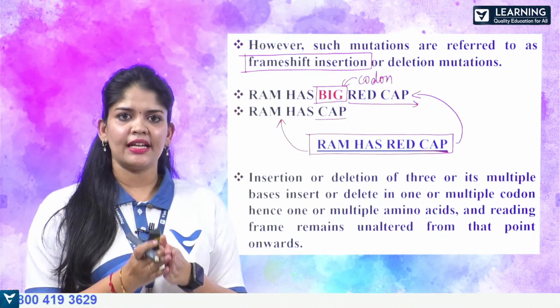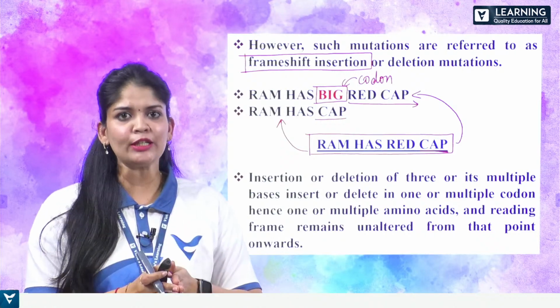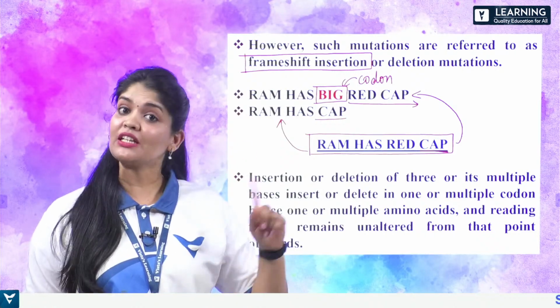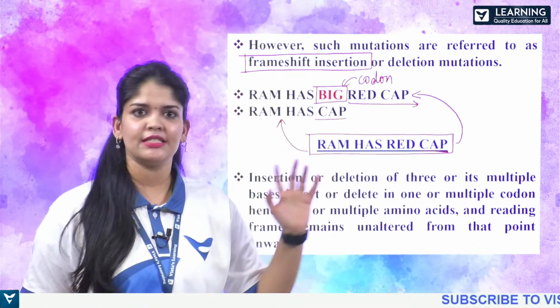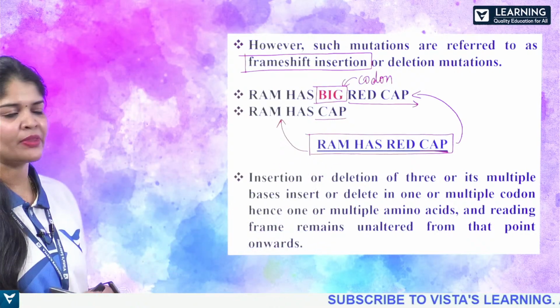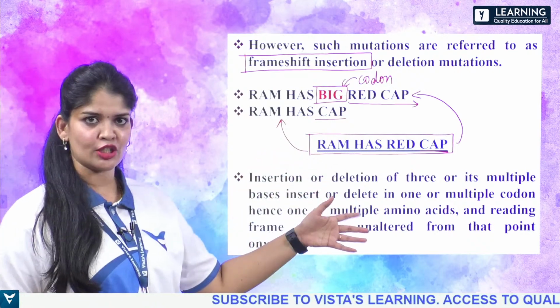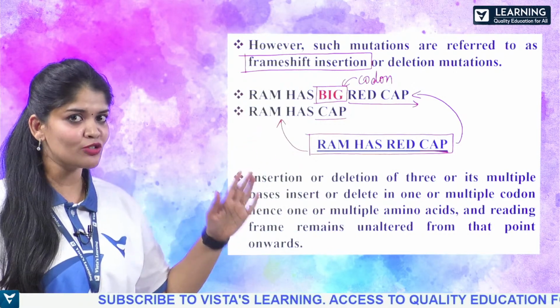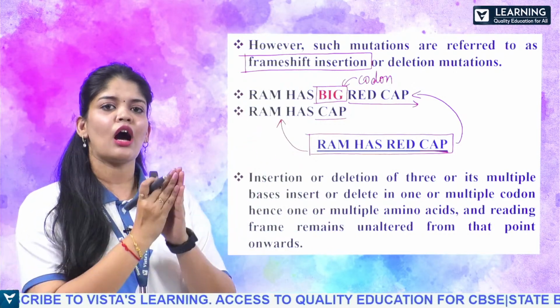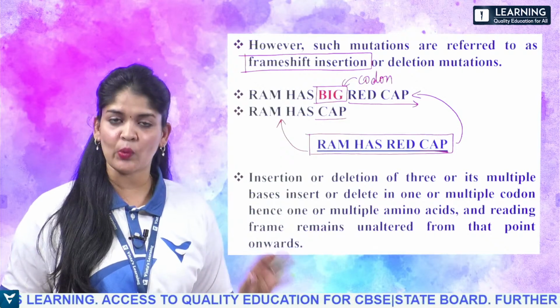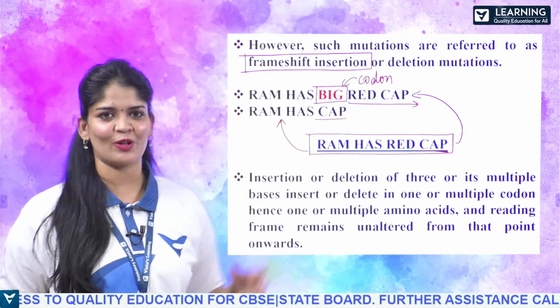So until and unless there is an insertion of a complete codon, we can find frame shift insertions or frame shift deletions. That is the point. Simple. So insertion or deletion of 3 is going to leave the remaining sequence unaltered, that is, the remaining codons are unaltered. That's it.